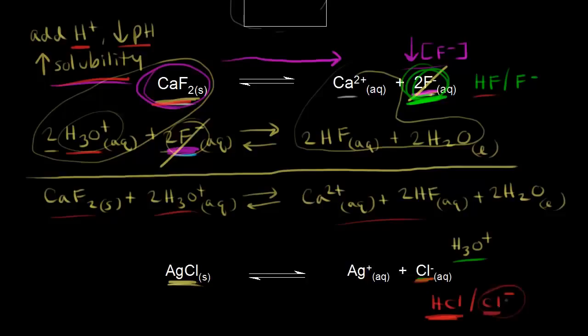So the chloride anion is a weaker base than the fluoride anion, and so the chloride anion isn't going to react with hydronium, and therefore we're not decreasing the concentration of one of our products, and so our equilibrium doesn't shift, and the solubility of silver chloride is unaffected by the addition of an acid. So decreasing the pH for silver chloride won't increase the solubility. So you need to think about if the base is strong enough to react with the acid that you're adding.